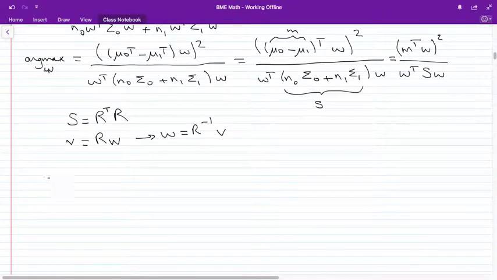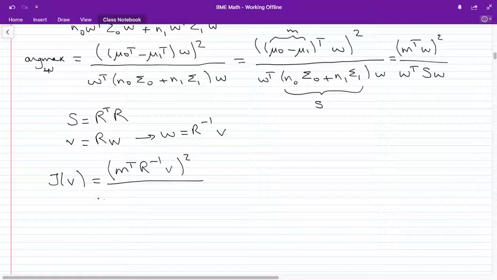So let me rewrite J now, not in terms of W, but in terms of V, which I'm going to have M transpose, W is R minus 1 V, quantity squared, and my denominator now is going to become W transpose is V transpose, R minus 1 transpose, times S, which is R transpose R, times W, which is R minus 1 V. So my denominator became much simpler.